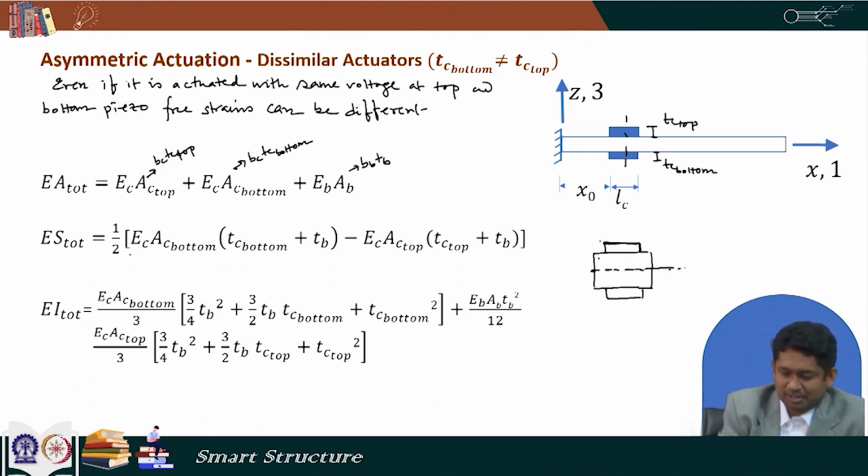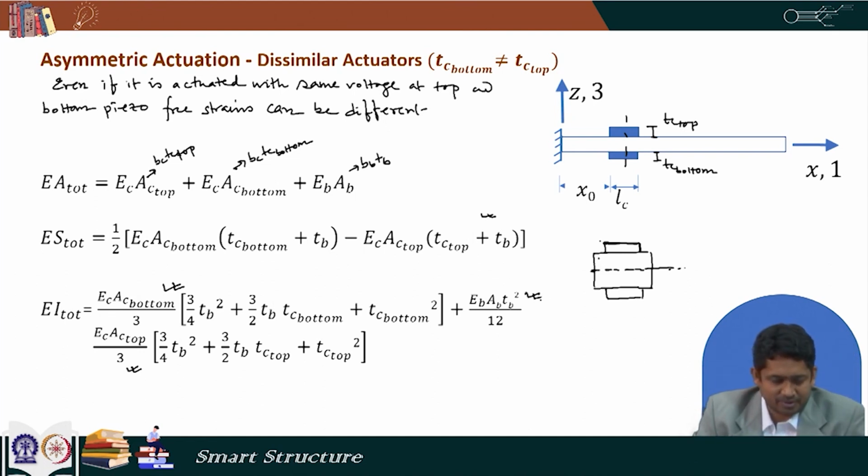So, we have some ES total which is non-zero, and then we find out the EI total again with respect to this line. In the EI total, this is the contribution from the bottom piezo, from the top piezo, and from the beam. So, we found out our EA total, ES total and EI total, and because the section is not symmetric, ES total remains here.